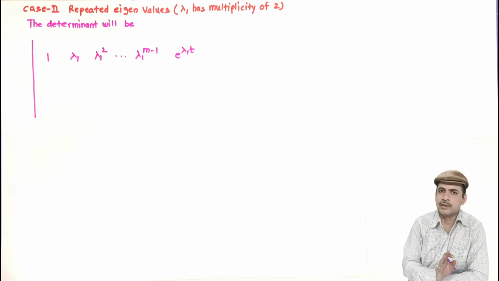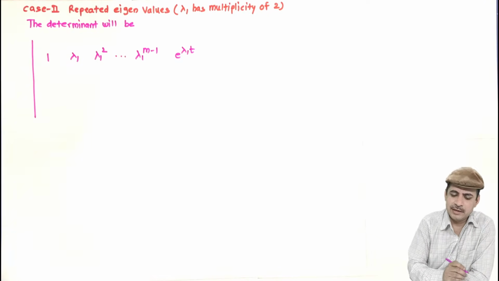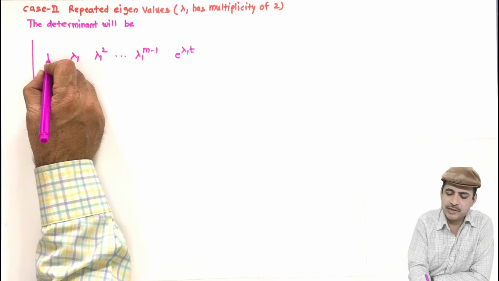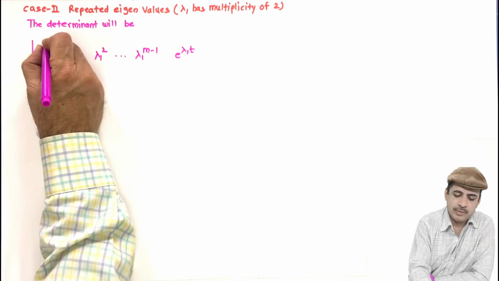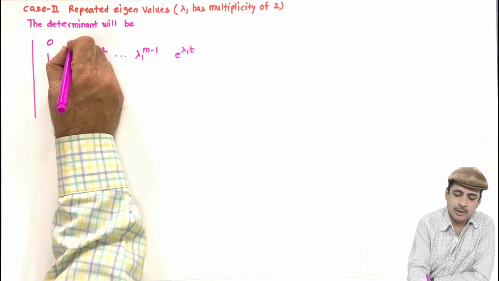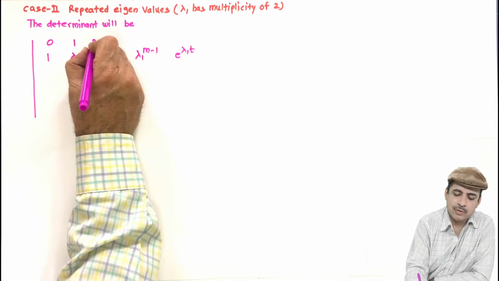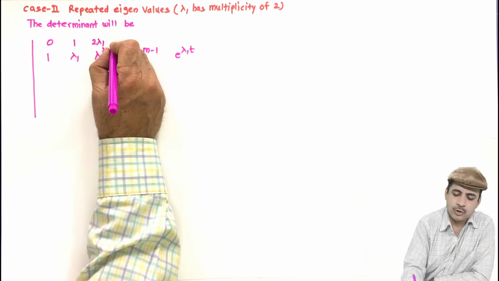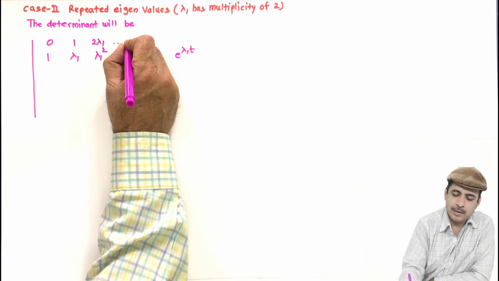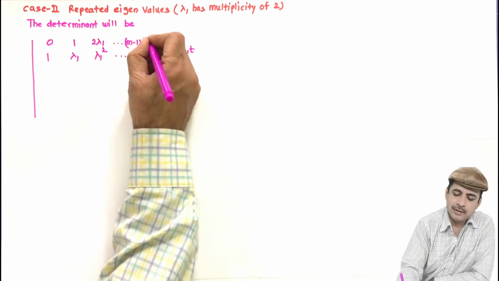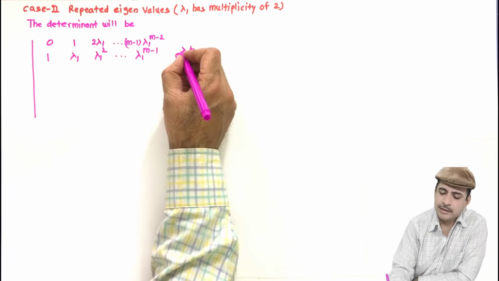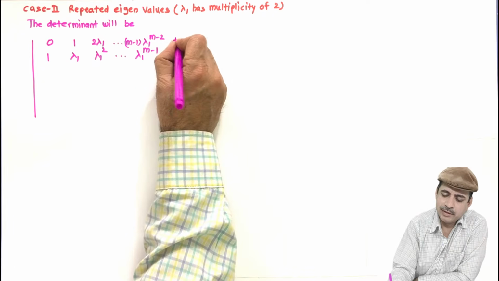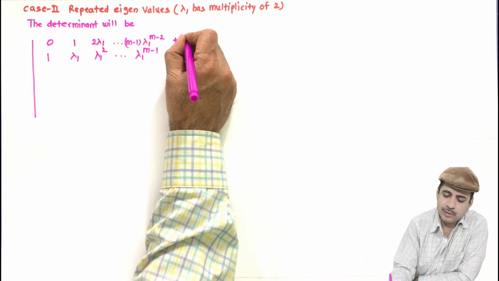This is the distinct one, repeated we have to consider, and then for the repeated, differentiate this entire row with respect to lambda 1. So this will be 0, this will be 1, this will be 2 lambda 1, so on. This will be m minus 1 into lambda 1 raised to m minus 2, and this will be t e raised to lambda 1 t.